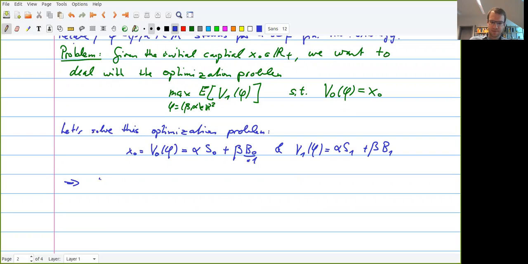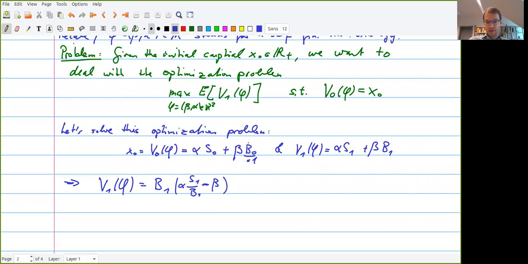So what does it tell me? I have two equations. So let's plug the first one into the second one. This is the second equation. If I do this, I get beta, divided by b1, then I have beta minus beta.